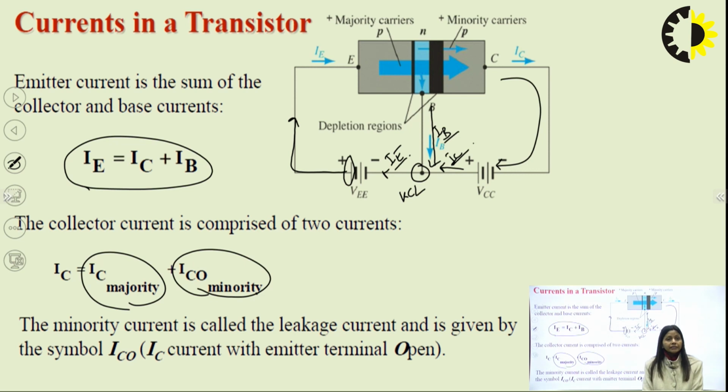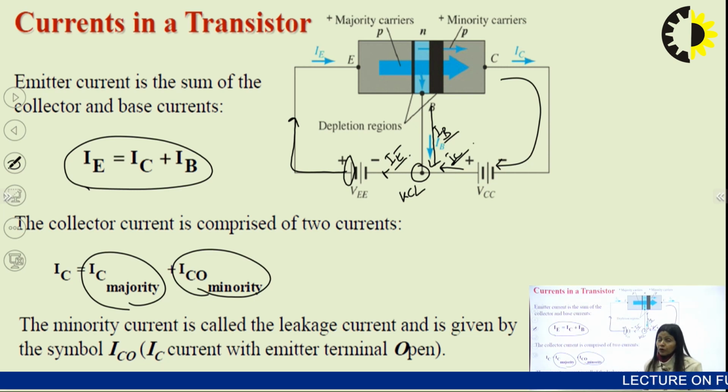So I have IC is equal to IC majority plus ICO minority, where the minority current is also known as the leakage current. This leakage current is defined as the IC current with the emitter terminal open. The ICO is that current: if I open the emitter terminal, then the current will be called ICO.